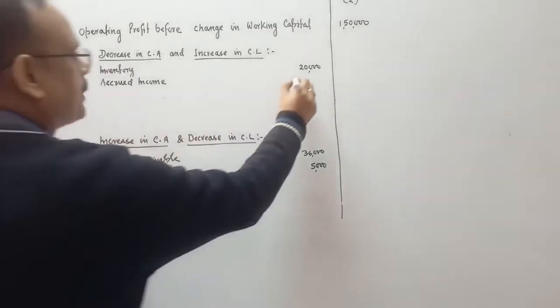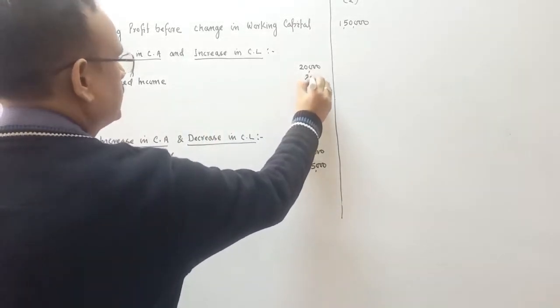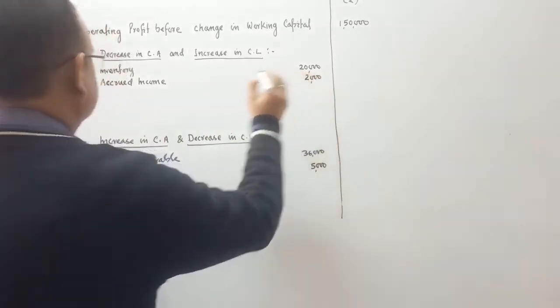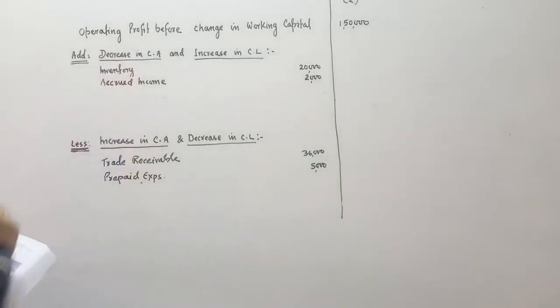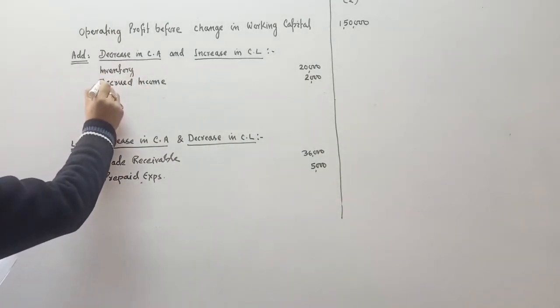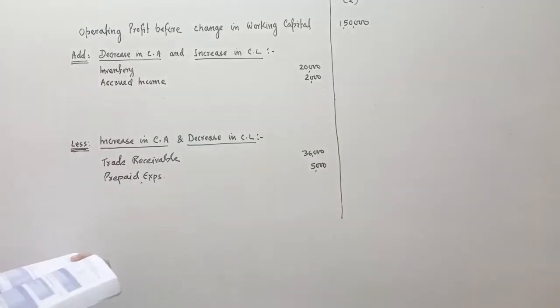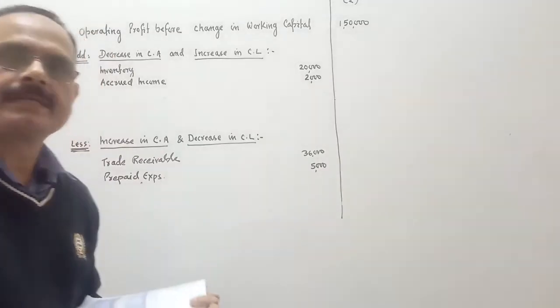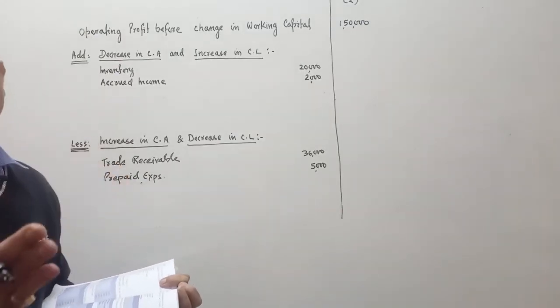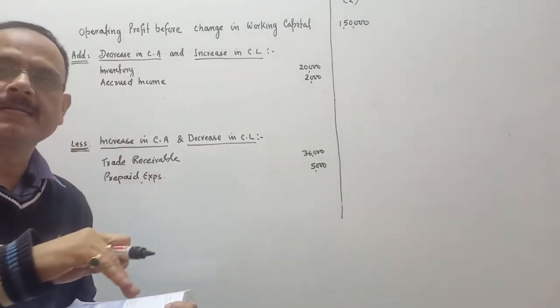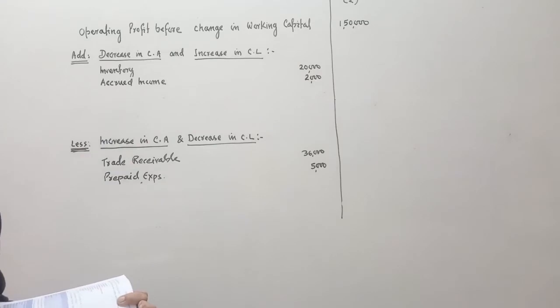Previous year it was 8,000 and this year it is 6,000. So it is decreased by 2,000, a decrease in current assets, we will add it.